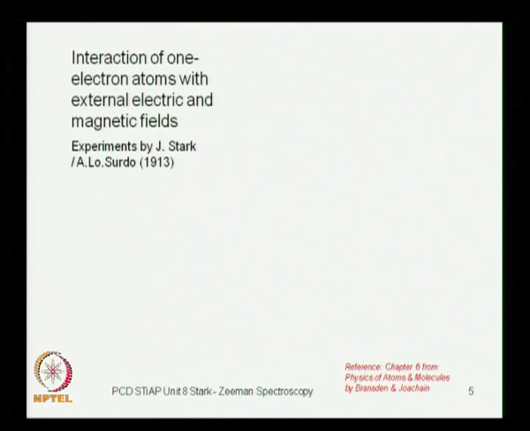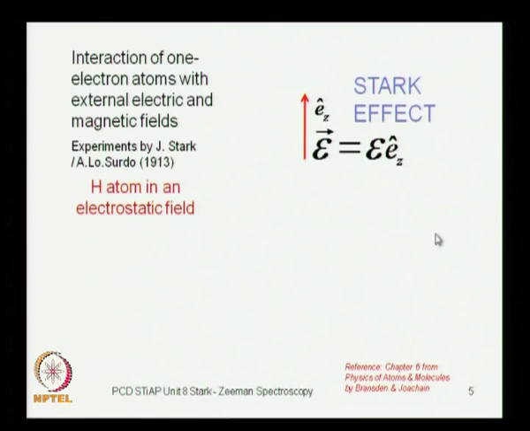The first experiments were done by Stark in the early part of the 20th century, and he examined atomic spectra in electric fields. So let us consider the hydrogen atom placed in an electric field, applied along the z axis.